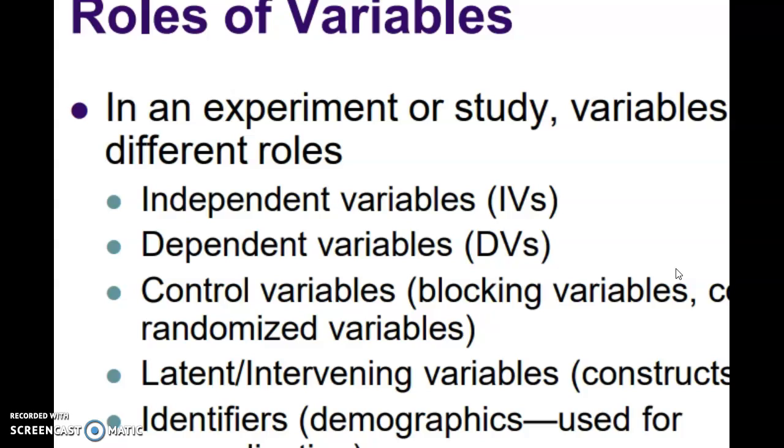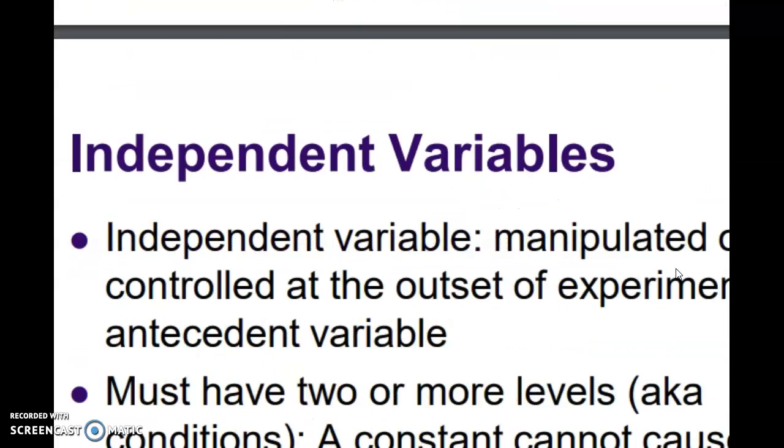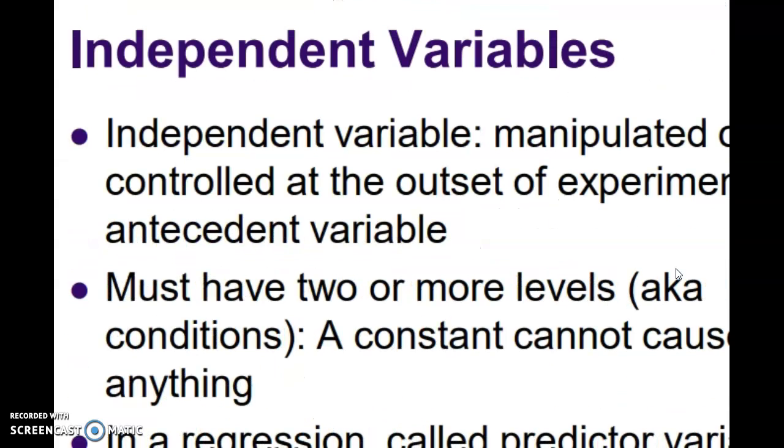Just like the name says, the moderators moderate the relationship between the independent and dependent variable, while the mediators kind of mediate. So they step in to control the reciprocal influence sort of between the two variables. And just like I said previously, independent variables are manipulated, controlled at the outset in the experiment.